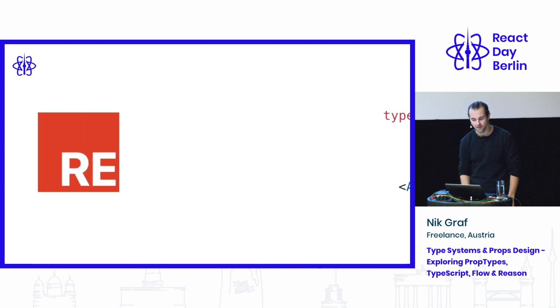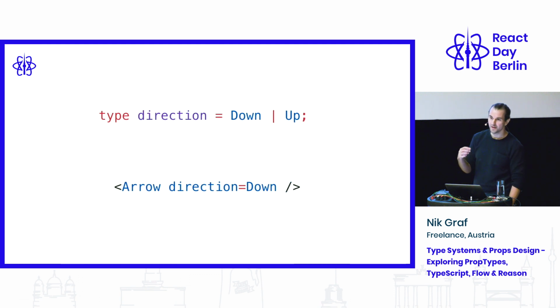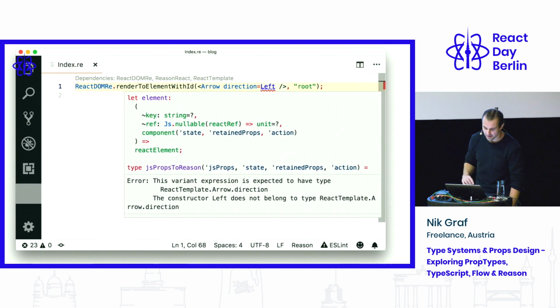So what about Reason? Reason has this or that, like an enum built into the language. And it's very concise to write, so you can do this and you're good. You get autocompletion, as we said.